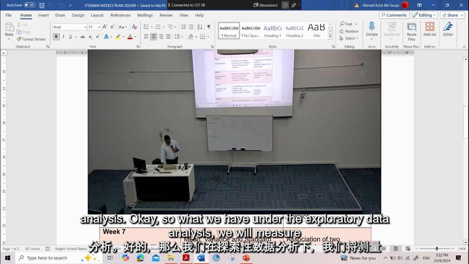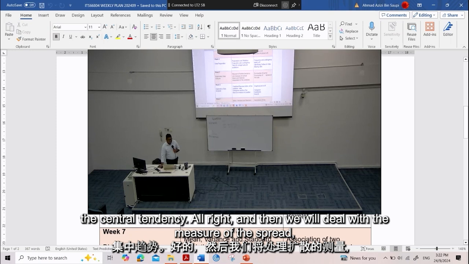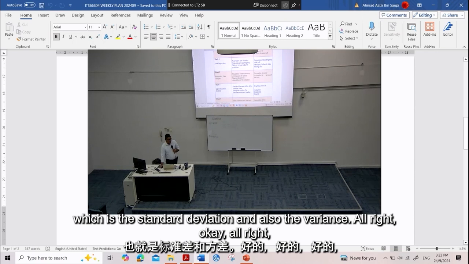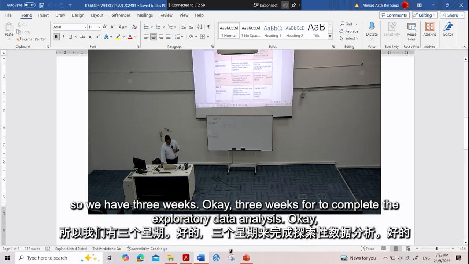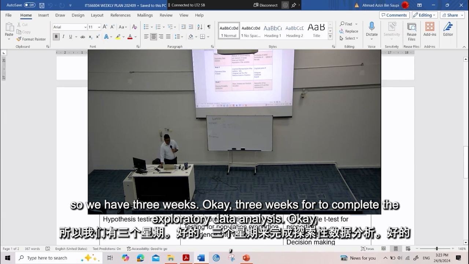Under the exploratory data analysis, we will measure the central tendency, and then we will deal with the measures of spread, which are the standard deviation and also the variance. We have 3 weeks to complete the exploratory data analysis.